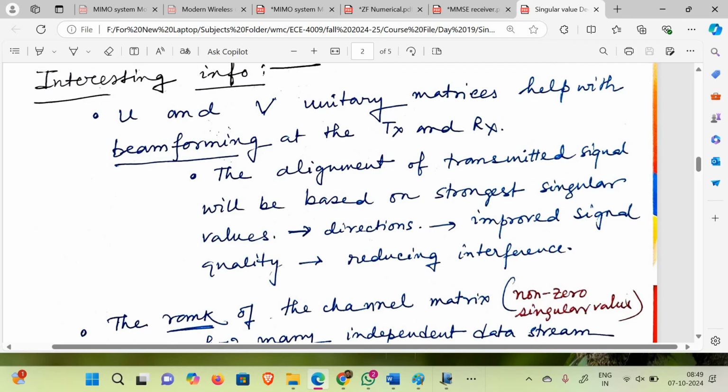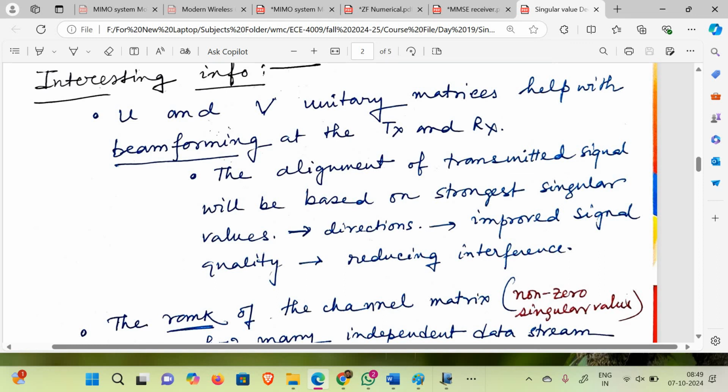That is how beamforming works. The alignment of the transmitted signal will be based on the strongest singular values, and that will decide the direction. So for beamforming, you need the values that you get out of the U and V matrices.